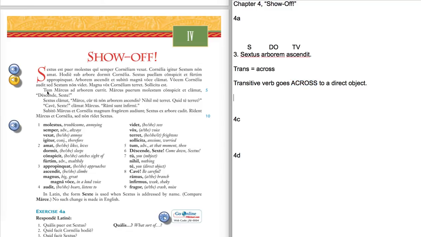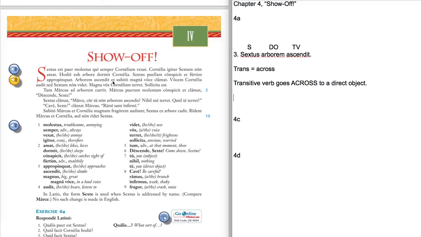Now an example here would be appropinquat. It is an intransitive verb because it doesn't have a direct object. Well, unless we say he approaches the girl; if you read this sentence that way, then this would be a transitive verb. But let's look at the next sentence.